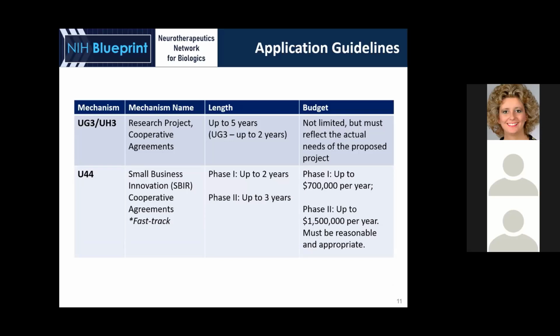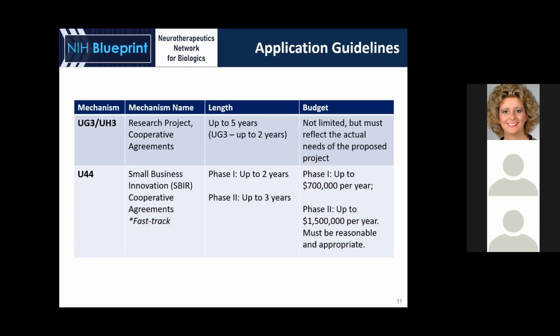So looking at the breakdown of what that actually means and how you break down these subsequent application guidelines. For the UG3/UH3 research cooperative agreement by mechanism, its length is up to 5 years.